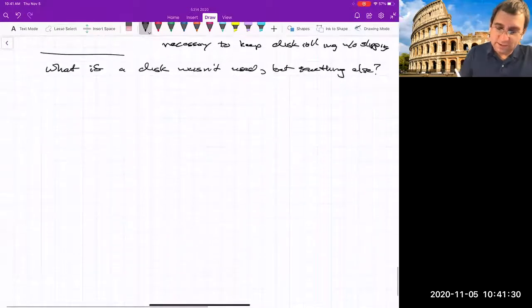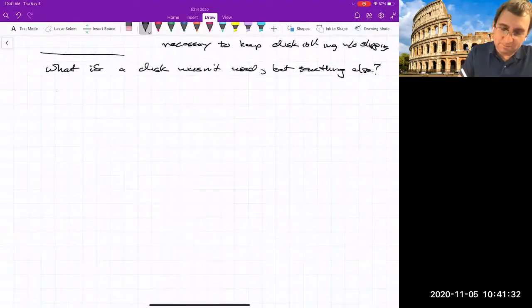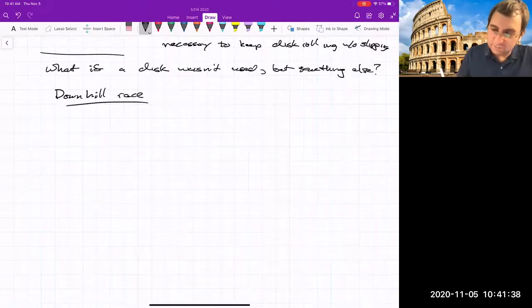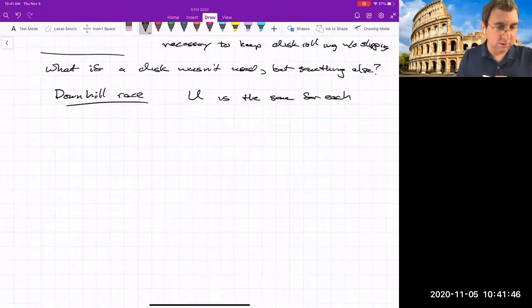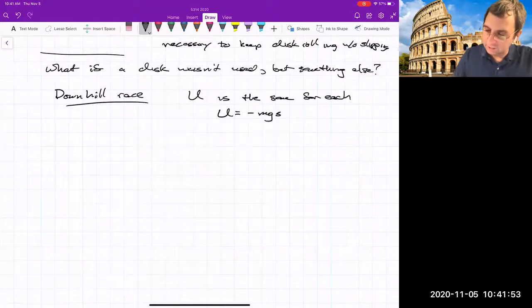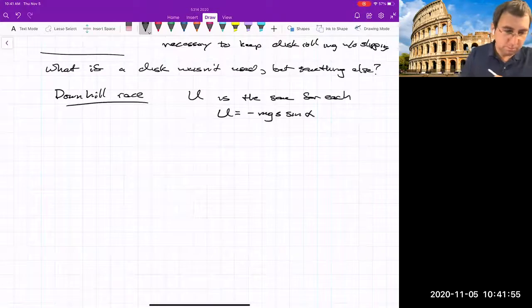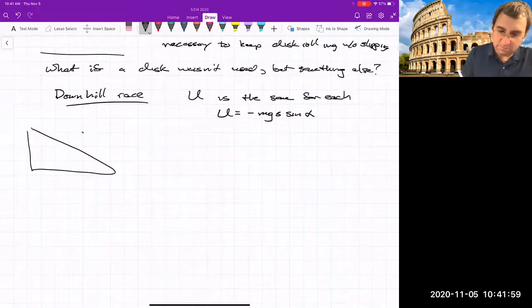So I want to call this a downhill race. T, U is the same for each. The potential energy due to gravity is going to be the same thing, negative mg s sine alpha, for things that are going downhill.